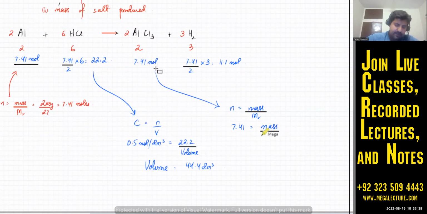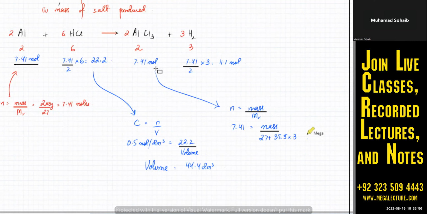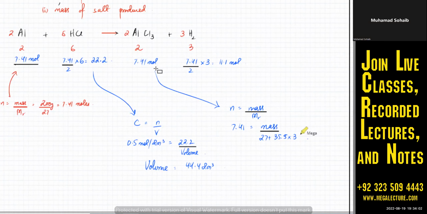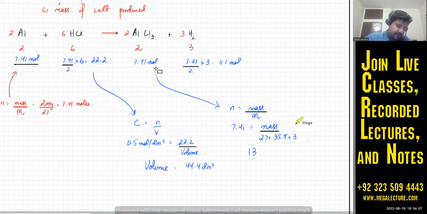So we can try and find out the Mr. AlCl3. Al is 27. Cl is 35.5, and there are three of them. तो इसको बस सॉल्व करके क्या बनता है? 133.5. वो तो इसकी Mr आ रही है ना 133.5 into 7.41.